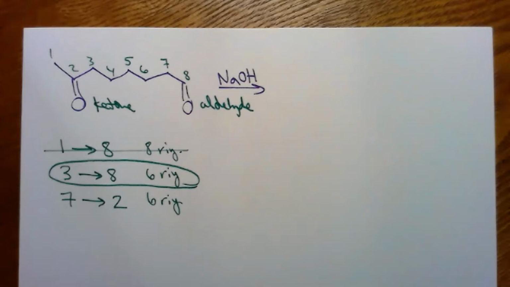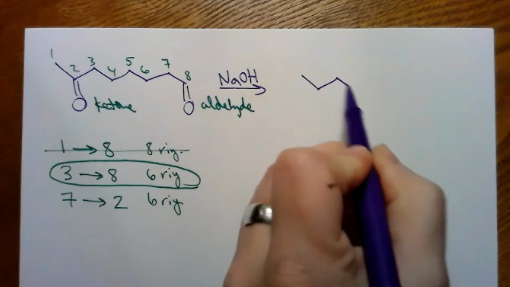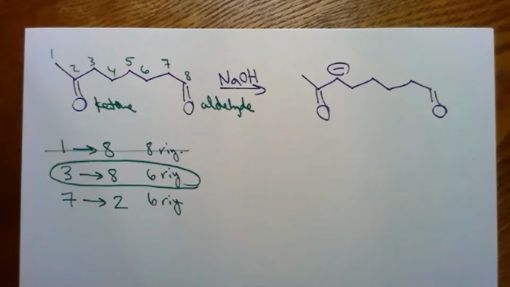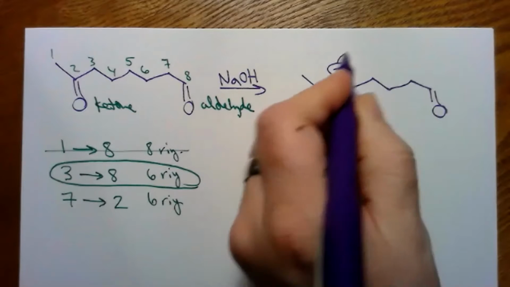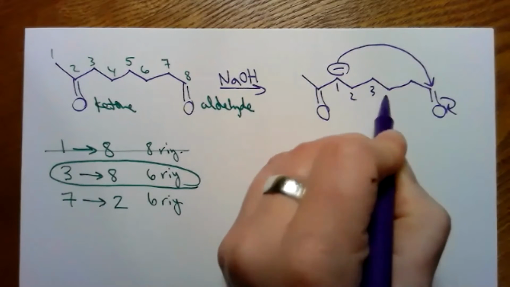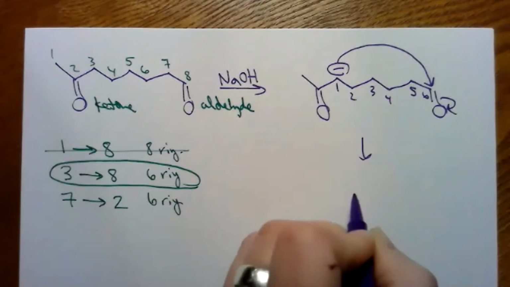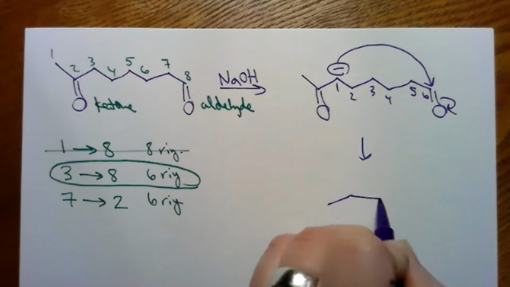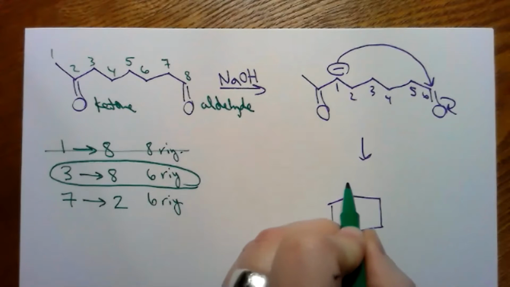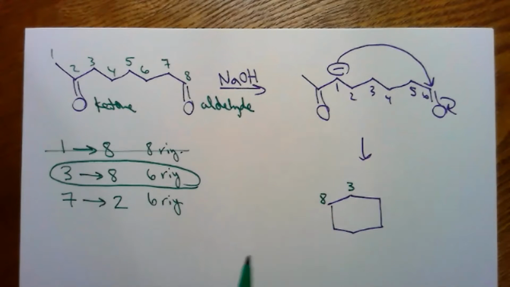Not walking through all of the mechanistic details, we're going to have this enolate. It's going to attack this carbonyl. We get a 6-membered ring. I probably should have been consistent with my numbering from before. Let's do that. Carbon number 3 and carbon number 8 get connected.